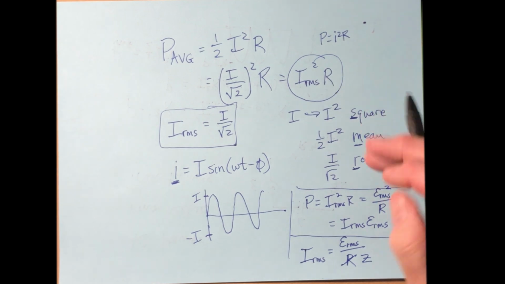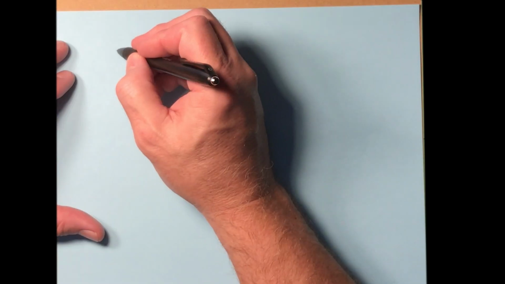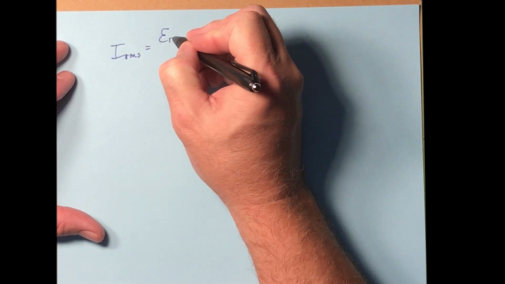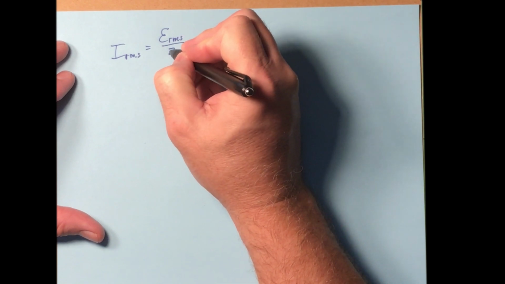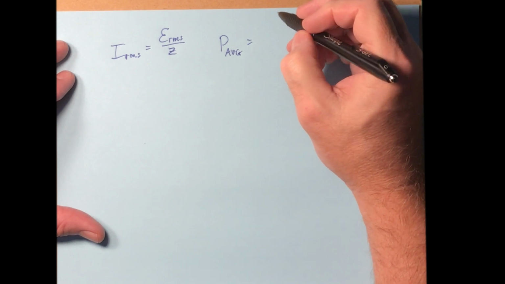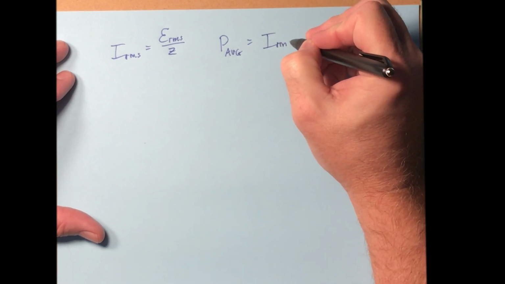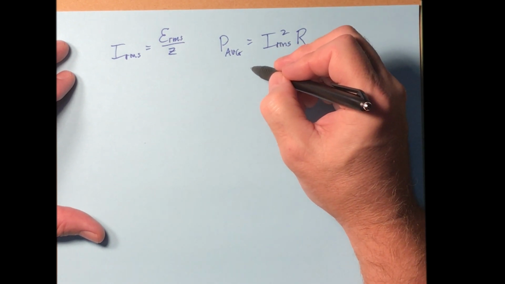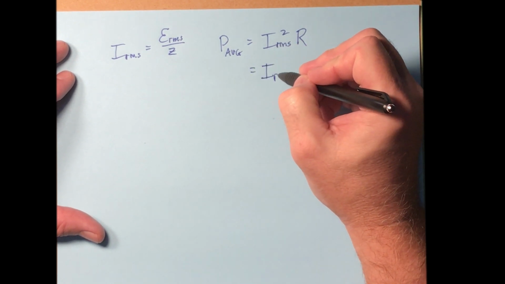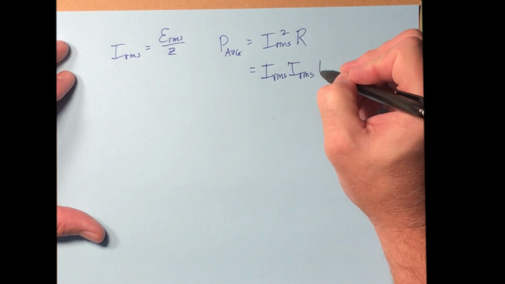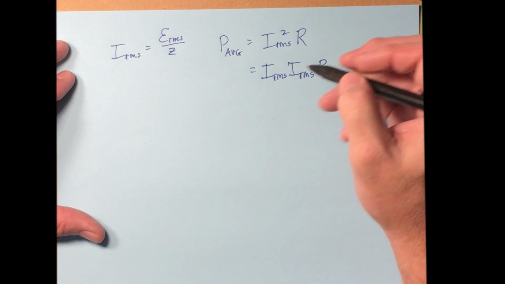Okay, but we can write that a slightly different way, and it'll be more insightful to see that happen. First of all, I RMS is equal to E RMS over Z. And the average power is equal to I RMS squared R. So if I take this I RMS squared, I could break that into I RMS multiplied by I RMS times R. That's not a surprise.